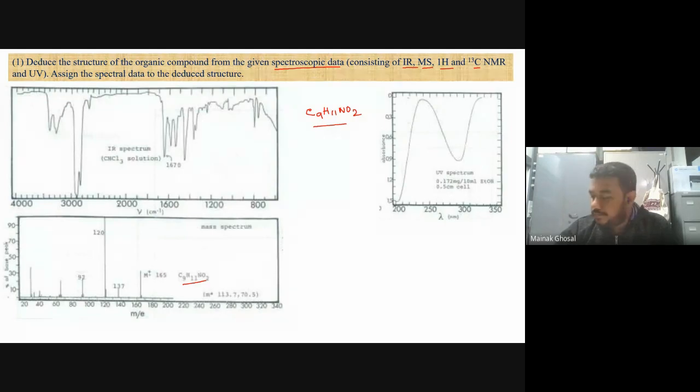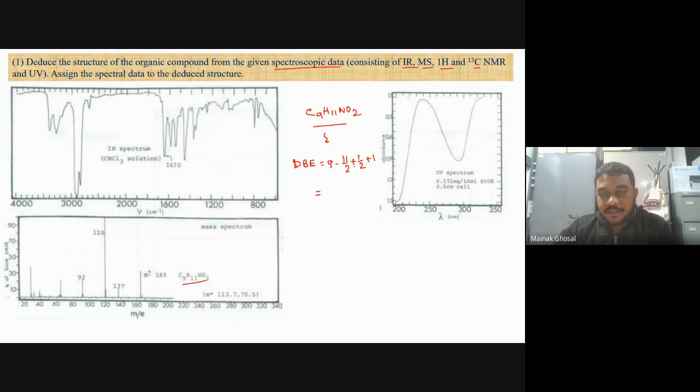First of all, you need to find the double bond equivalence of this compound, C9H11NO2. The DBE is 9 minus 11 upon 2, plus 1 by 2 for nitrogen, plus 1.